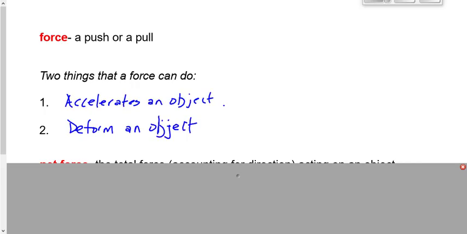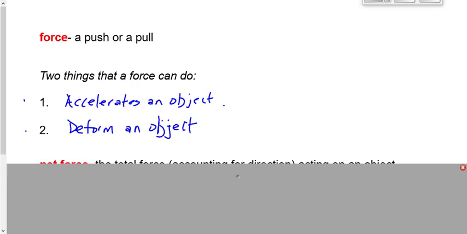The golf ball actually becomes about half its normal size as it's hit with the golf club. So it deforms dramatically, but it also accelerates dramatically as that force of the club acting on it is applied. That make sense? So it can do this, or it can do this, or it can do both.